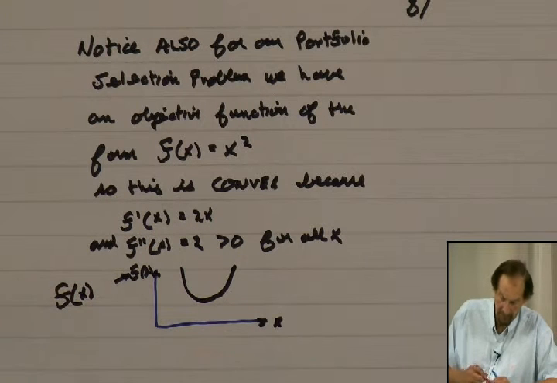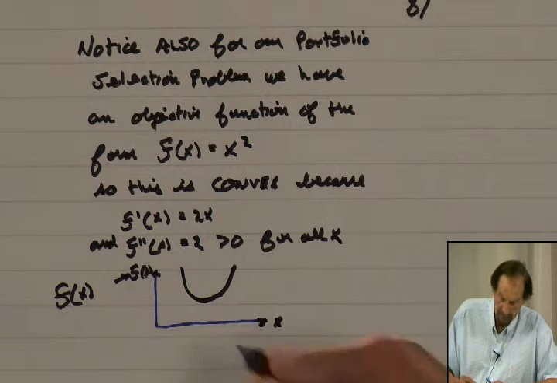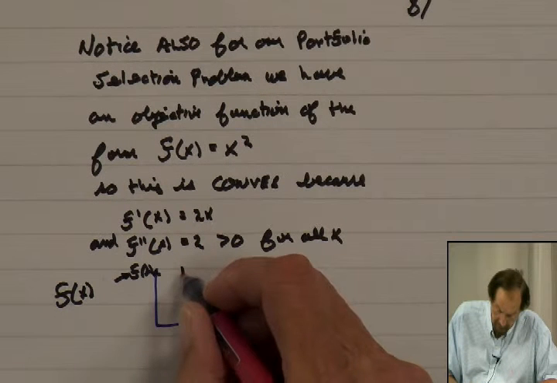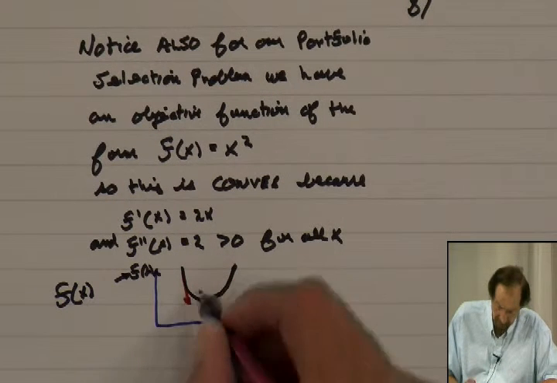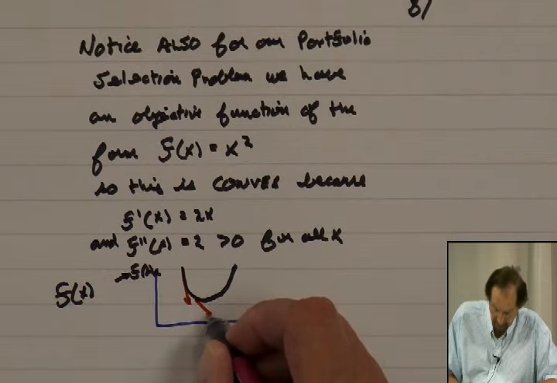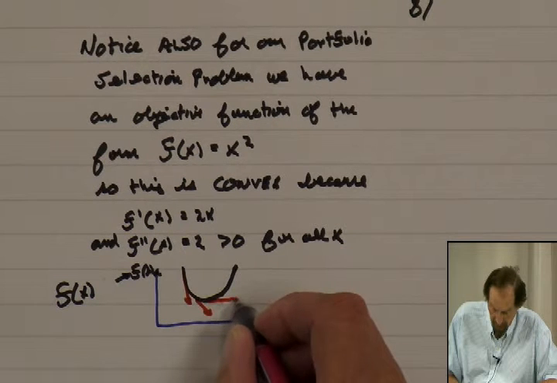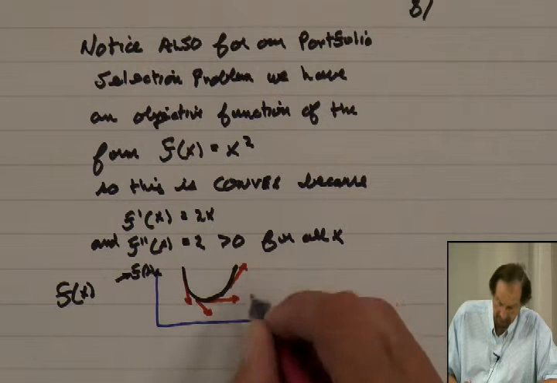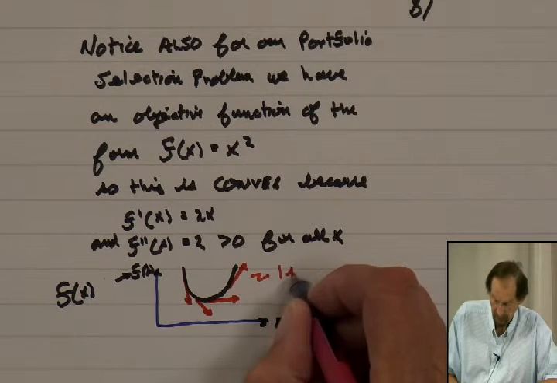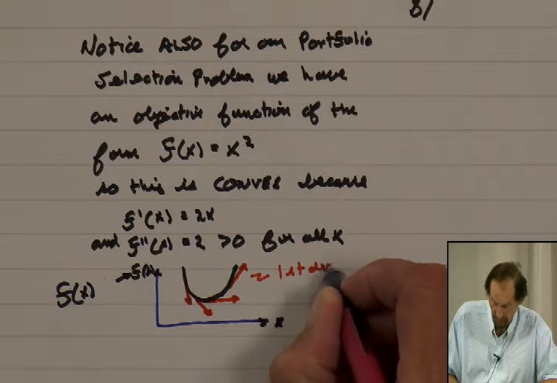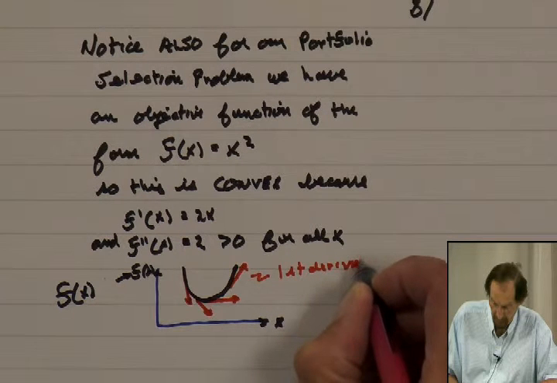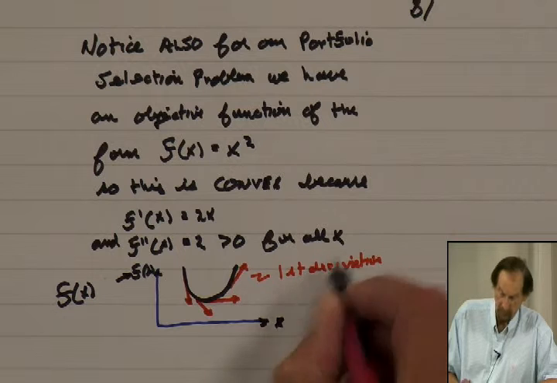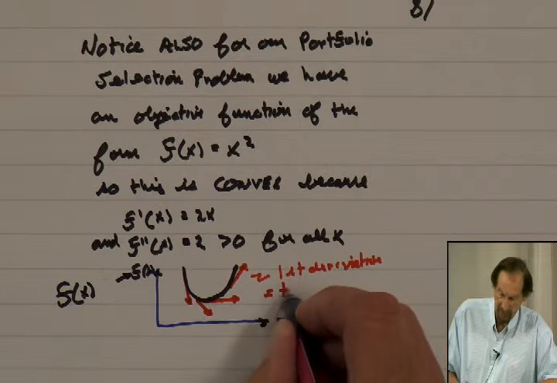And what's happening here is that if you take the first derivative, you can set that equal to the tangent.